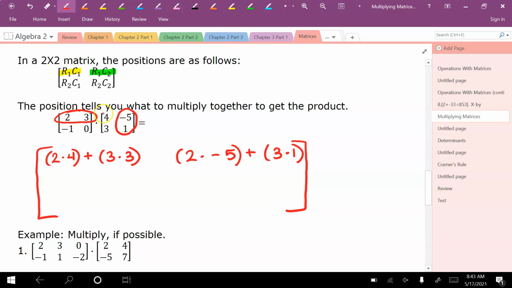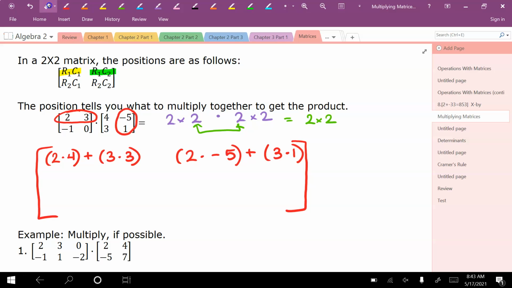Okay, now because both of these matrices are 2 by 2s, if we look at our dimensions real quick, the interior numbers match, and so my answer is going to be another 2 by 2 matrix. So I should have 2 rows, 2 columns. Well, I have my first row taken care of. I've got to get to my next row, and that's also going to fill in the columns I'm missing.